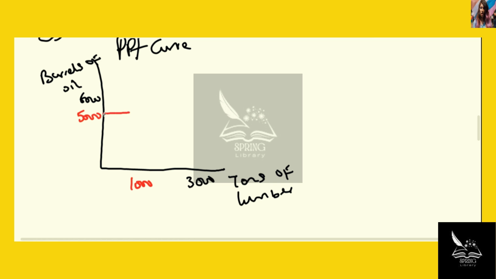So at 5,000 barrels of oil, there's 1,000 tons of lumber, and the barrels of oil at 6,000 goes all the way to 3,000 tons of lumber.